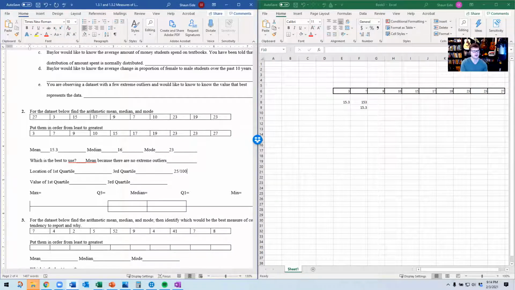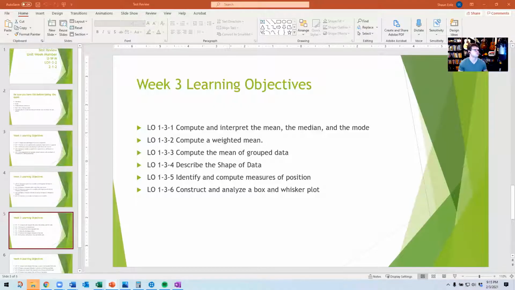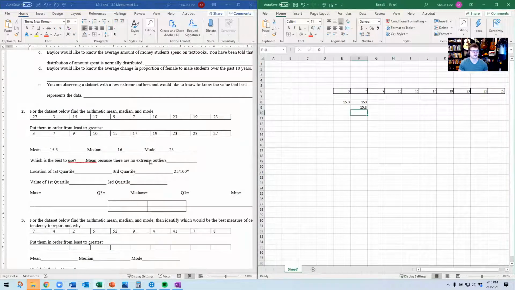Okay. And then the first quartile is going to be that multiplied by the number of observations plus 1. So it's multiplied by n plus 1.